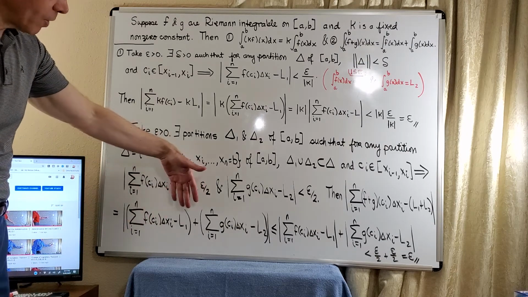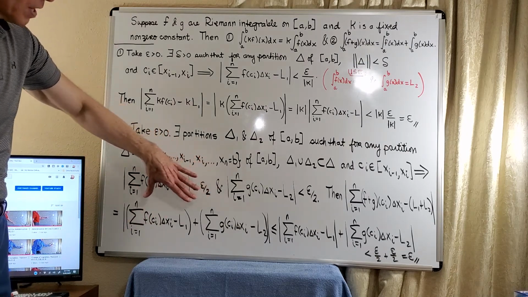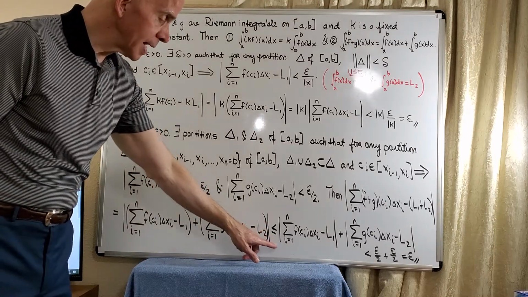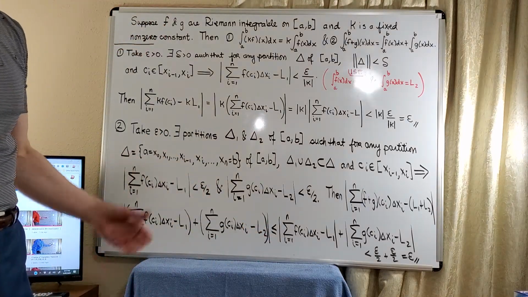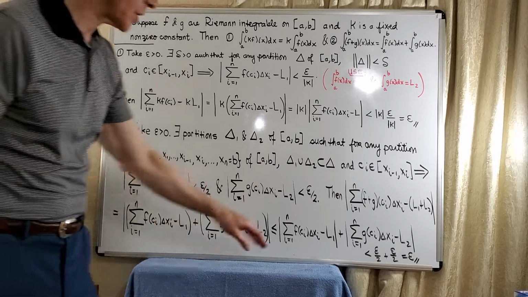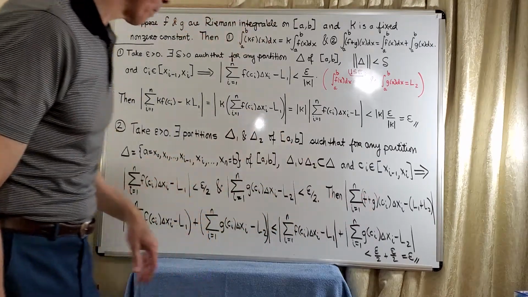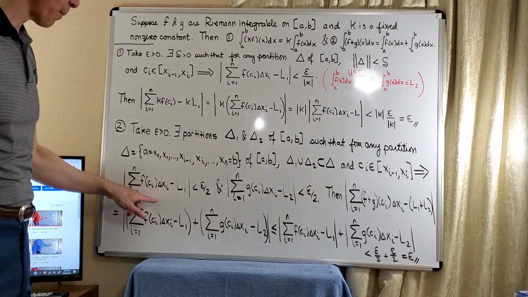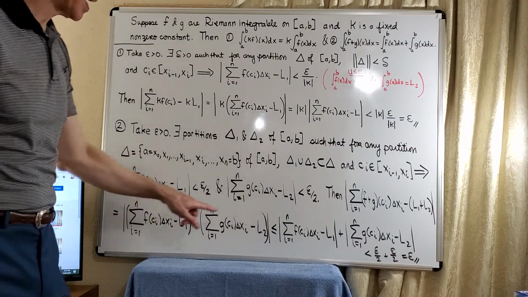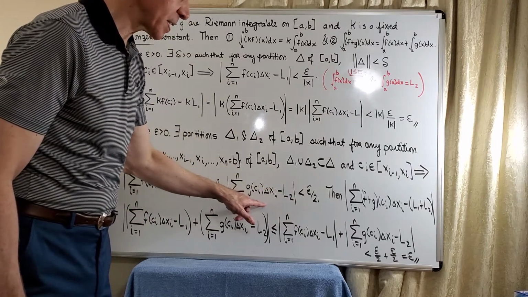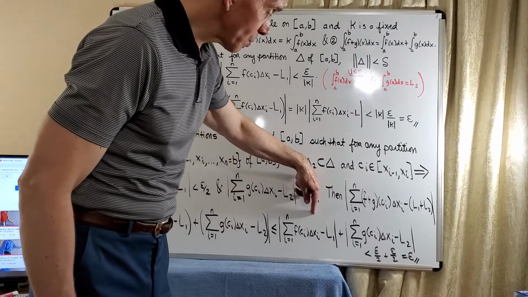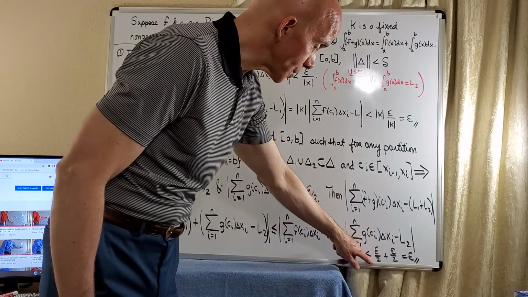And so now we have the absolute value of a sum by the triangle inequality. This will be less than or equal to the sum of the absolute values. So now we've split these up, and we're back up here where we know we have upper bounds for this expression, and we have upper bound here for this expression. So this one is bounded above by epsilon over 2.